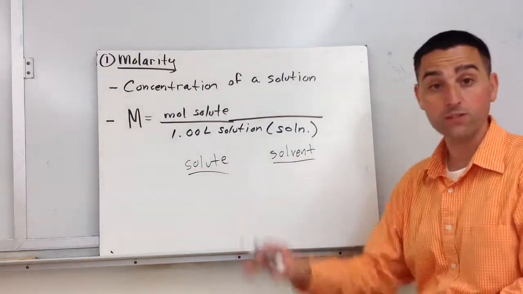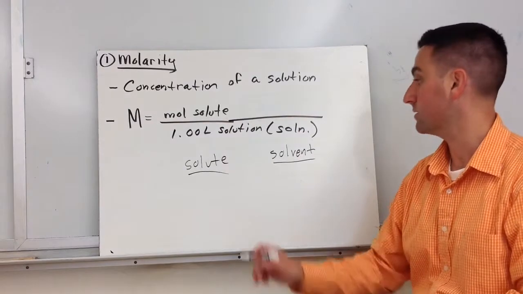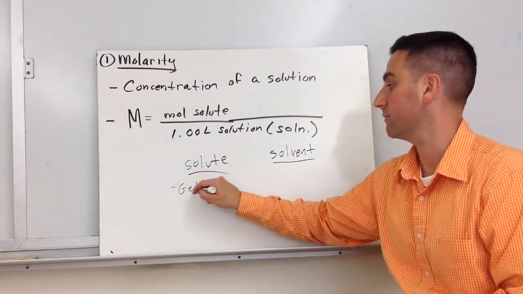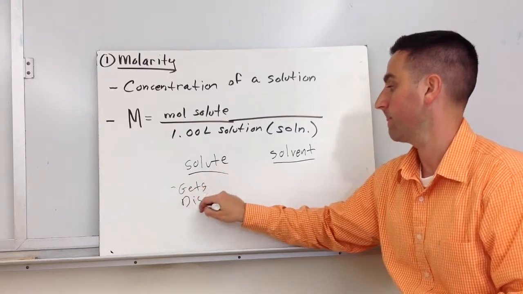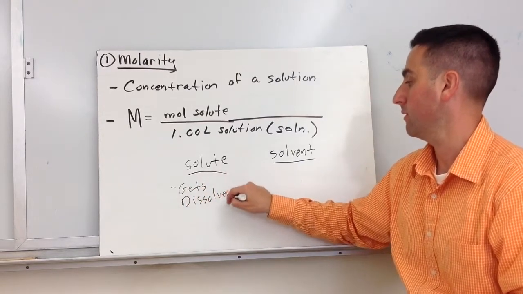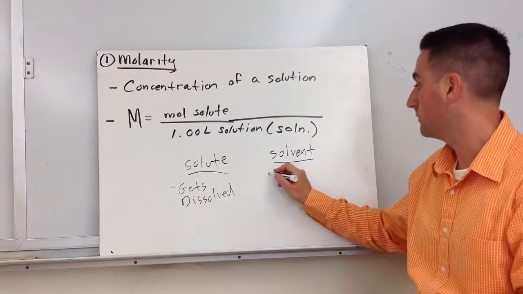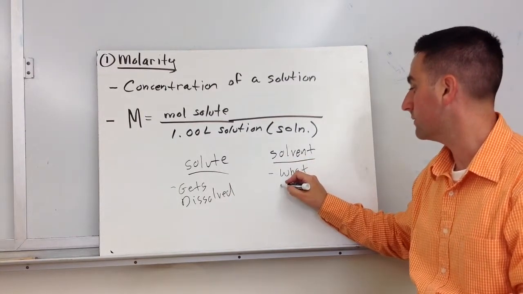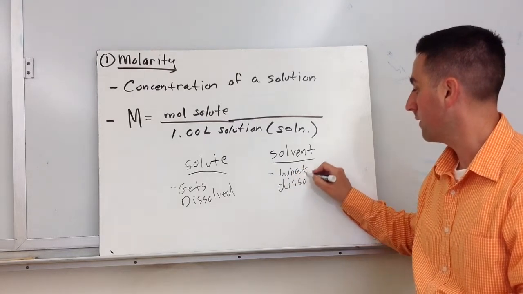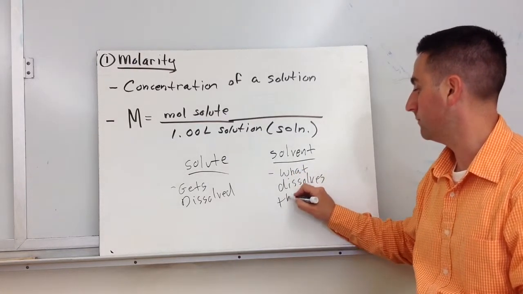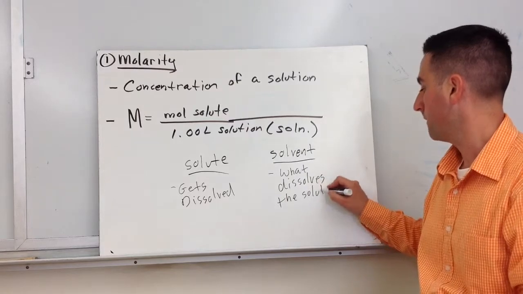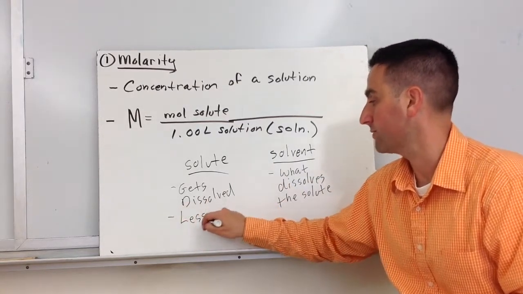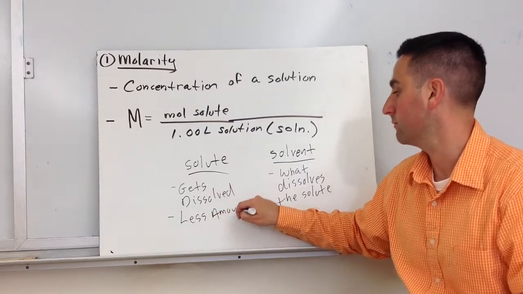So the difference between the two is the solute is what gets dissolved, and the solvent is what does the dissolving. What dissolves the solute. And the solute is in lesser amounts than the solvent.